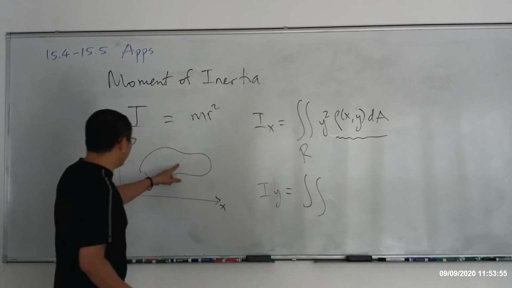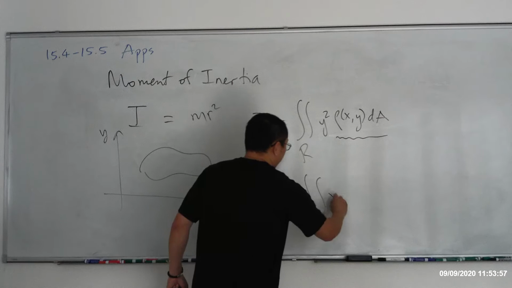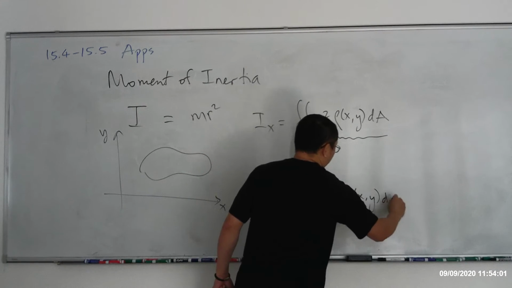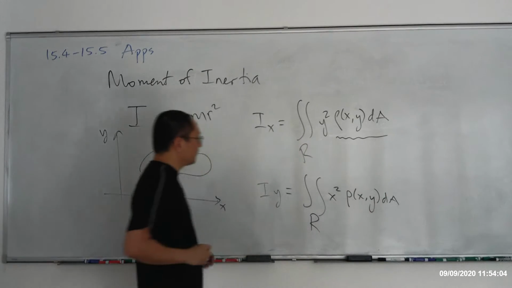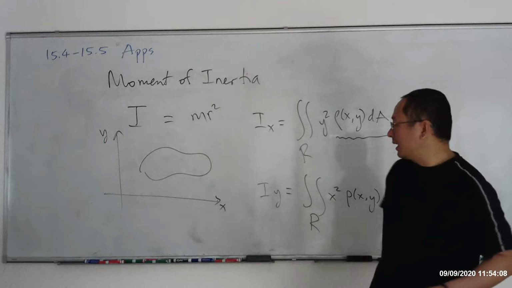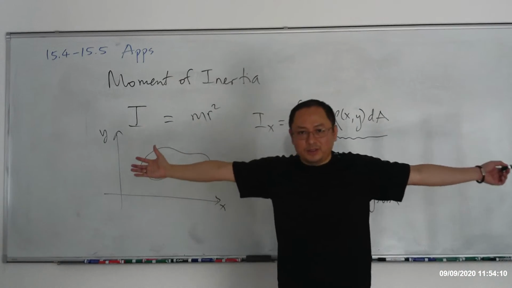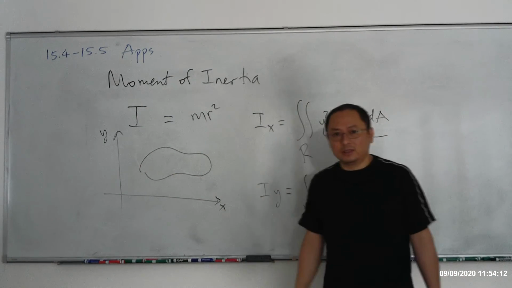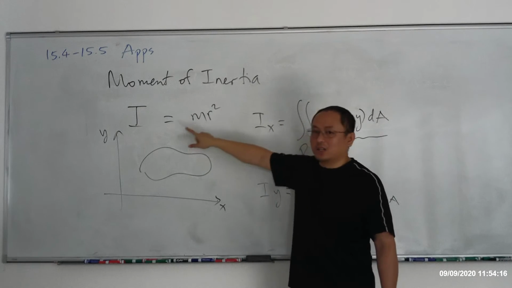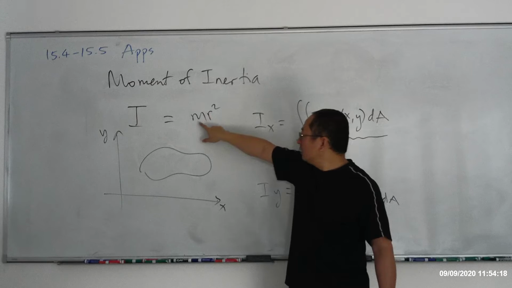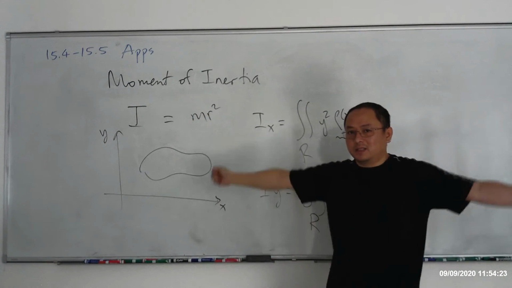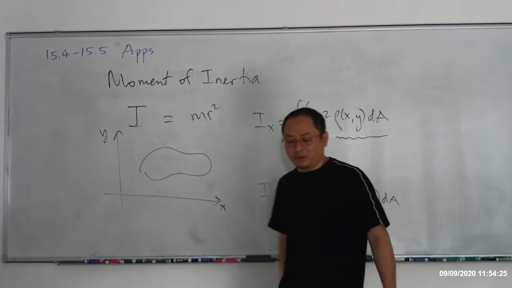The distance from the object to the y-axis is going to be x squared, rho(x,y) dA over the region R. And again, if the object is further away, then the inertia is going to be bigger. In other words, if r is bigger, then I is bigger. R is squared, and same for m, it's not squared in here. If you have a bigger mass farther away, then I is going to be bigger.